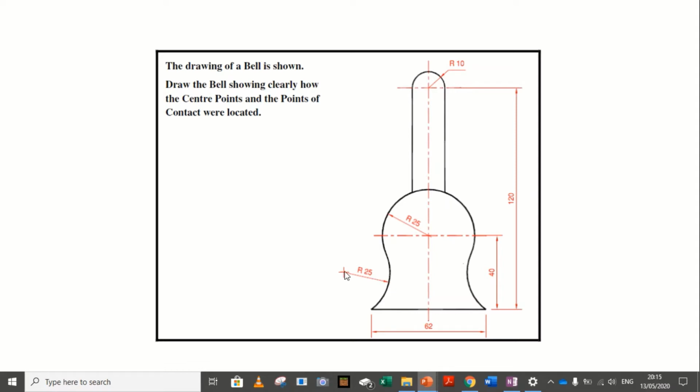But how do you find this point? Well, this is where you use your theory. I would know to set my compass from here to radius 50. Why? Because the distance between the centers of two circles in contact is the radii added. So set your compass to 50 and I would swing an arc down along here. Then I will come over to this point. This is a known point.